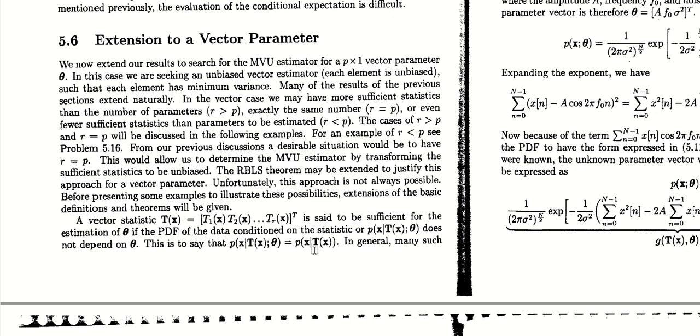Let's watch carefully: if P of x depending on T and theta is equal to P of x depending on T of x, what that means is theta is no longer necessary, right? If theta is no longer necessary, then T of x has sufficient information. It provides all the information needed to describe x.